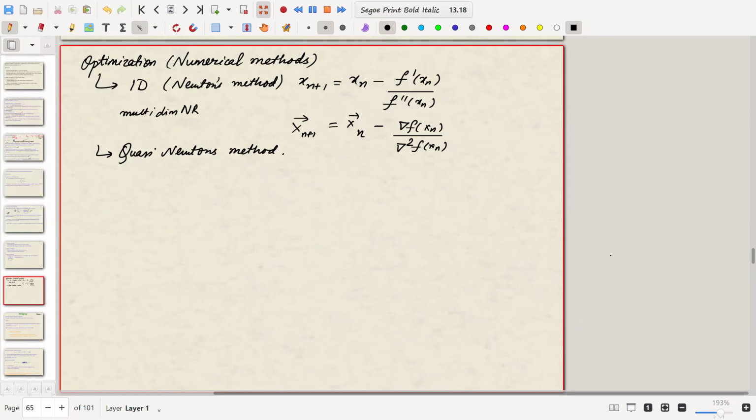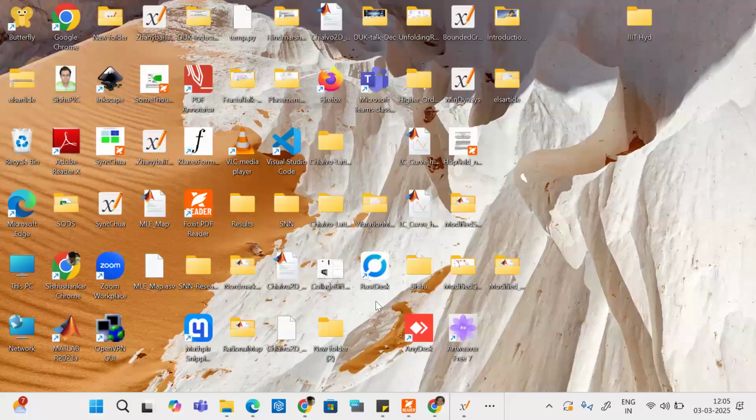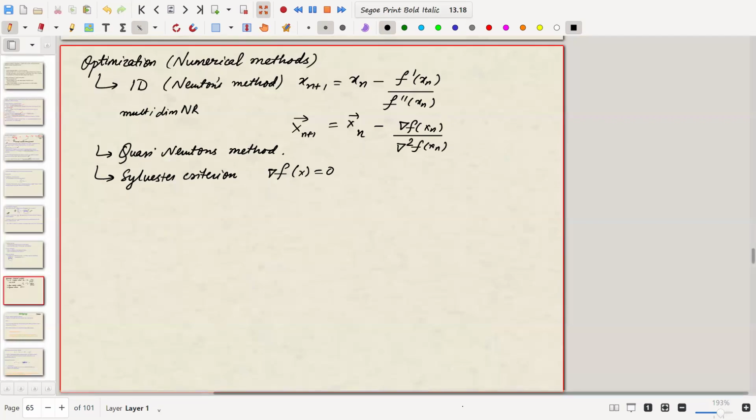Okay. Quasi-Newton method. Then we learned the Sylvester criterion. What does the Sylvester criterion tell? You set grad f x equal to 0 and solve to get x star. Those are the critical points.